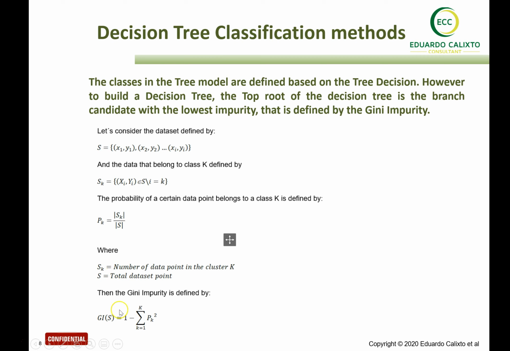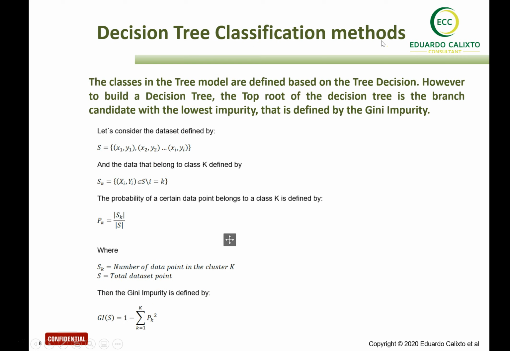So I need to calculate the Gini impurity for each branch, considering this probability, which is the probability of the class of each branch as defined. Actually, when we apply MATLAB or other tools such as R or Python, they consider the Gini impurity and build the decision tree automatically.